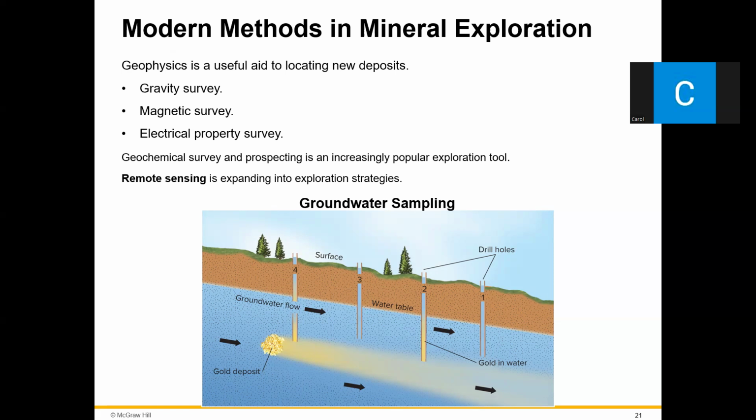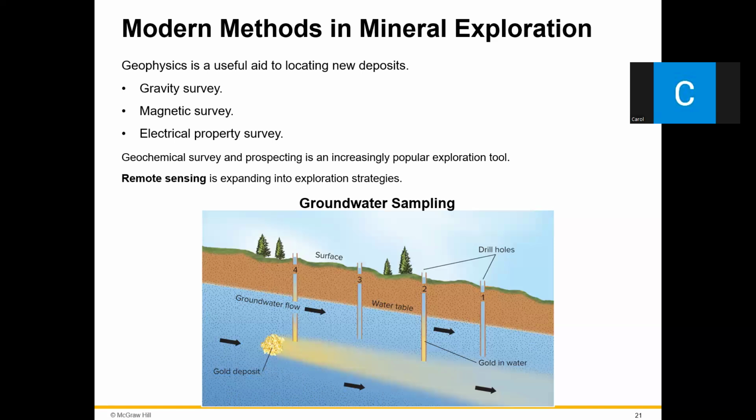And depending on how the gravity changes, and by how much, we can kind of guess maybe what it is that's there. Magnetic, if you have something that's magnetic, it's going to be picked up. And then electrical properties, like obviously metal conducts electricity and like silica doesn't. So we can pick that up too.